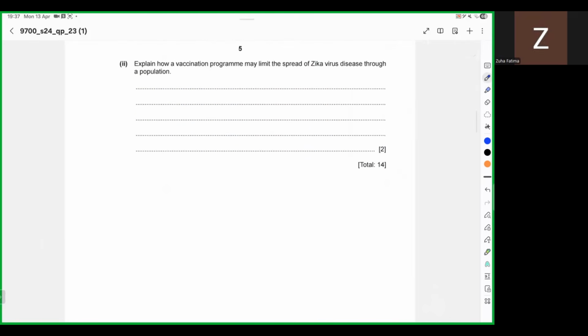Explain how a vaccination program may limit the spread of Zika virus disease through a population.